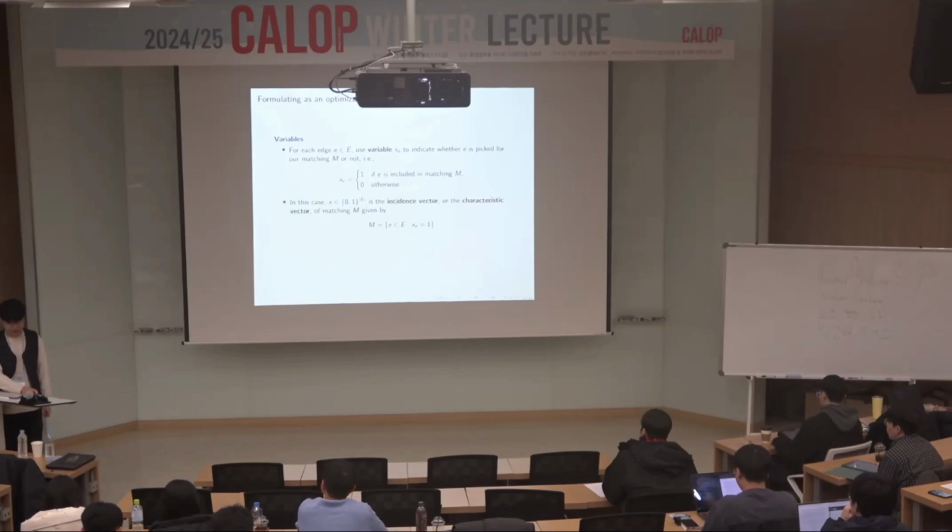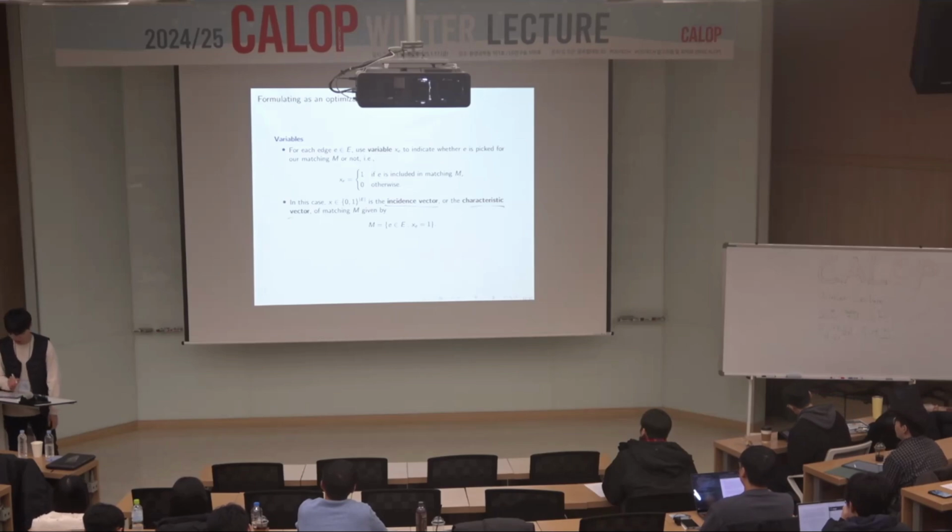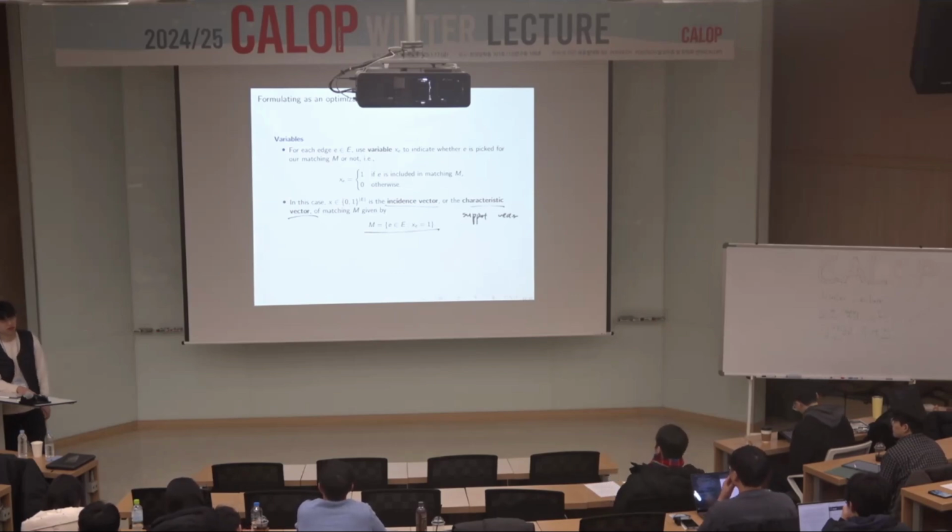This vector has length |E|, where E is the number of edges, and it is called the incidence vector, or the characteristic vector, or even the support vector. It's the incidence vector of the set of edges that you pick. This is just terminology. So a subset of elements can be encoded by this 0,1 vector based on whether you pick an element or not. Any question?